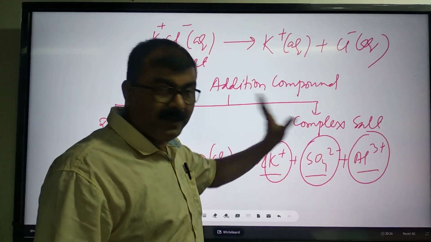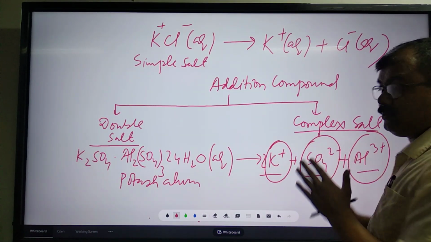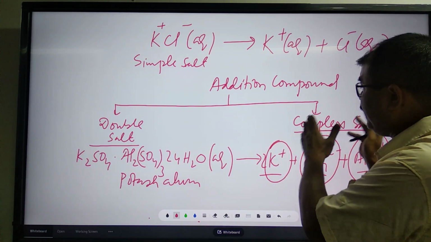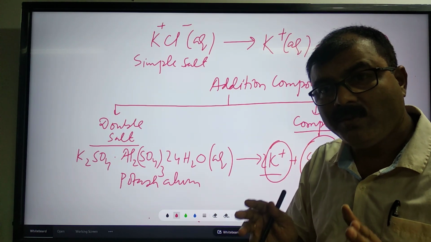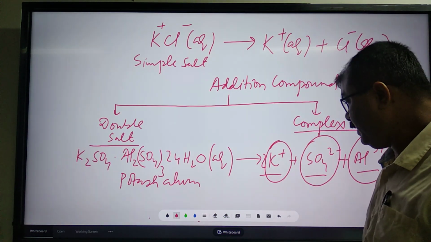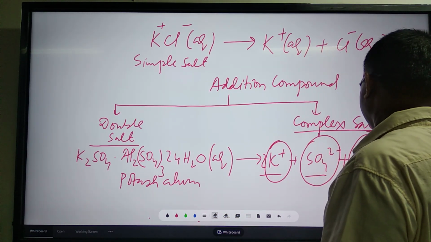But in this case, since it is an addition compound, complex salt, complex entity, they are also obtained by mixing two stable salt, two stable compound. Let me give an example.